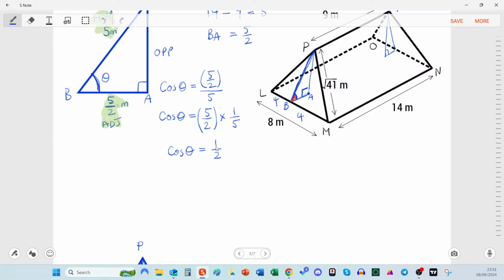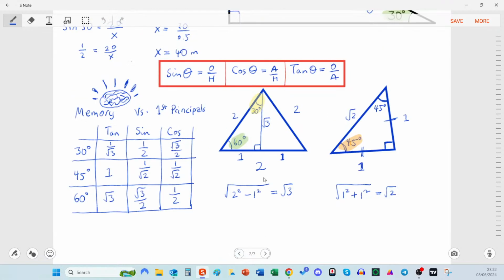It was the one, like I'll show you with the equilateral, where we had the 2 there and half of that was 1. So we could think, okay, let's draw this triangle and then work backwards to it.